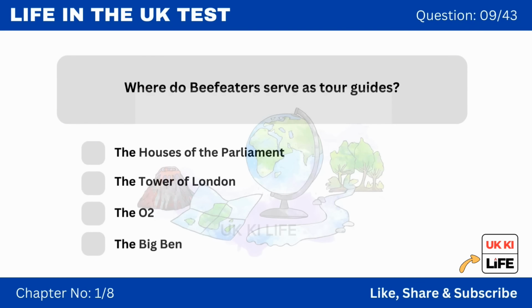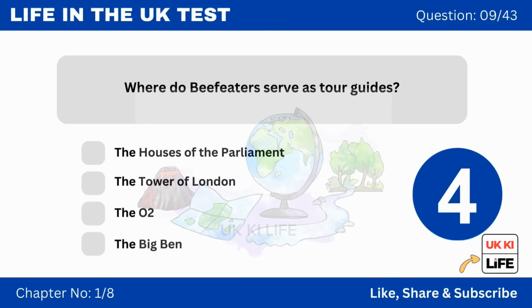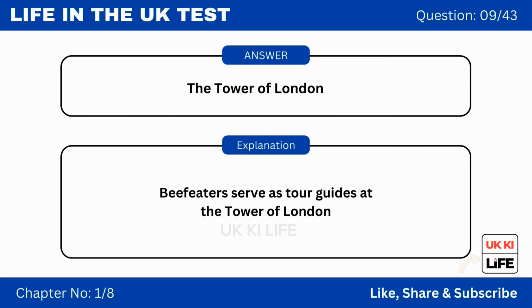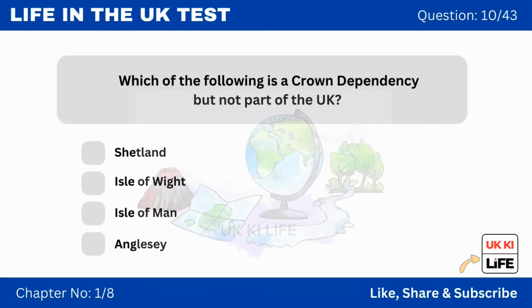Question 9. Where do beefeaters serve as tour guides? The Houses of Parliament, the Tower of London, the O2, Big Ben. The correct option is B. Explanation. Beefeaters serve as tour guides at the Tower of London. Question 10.